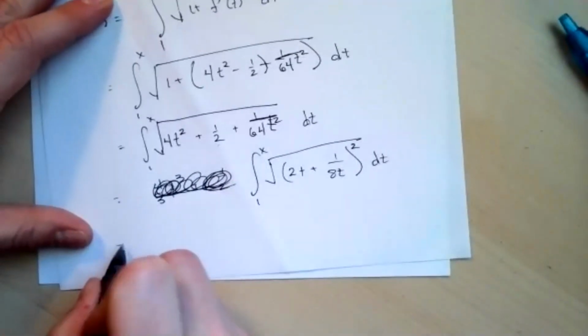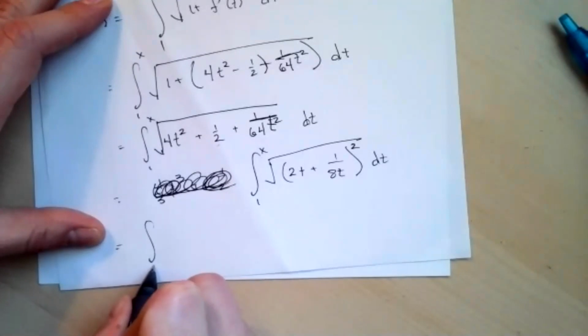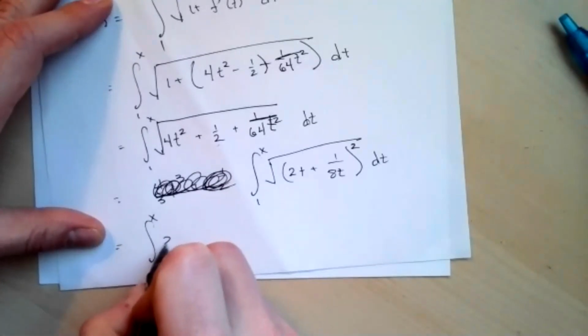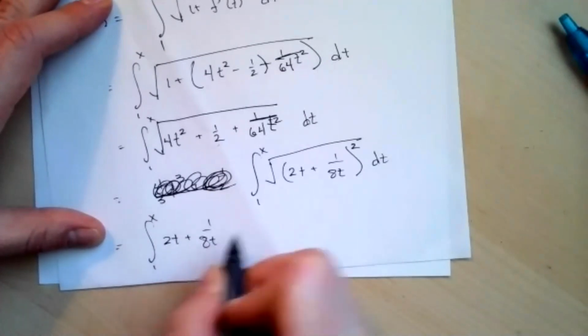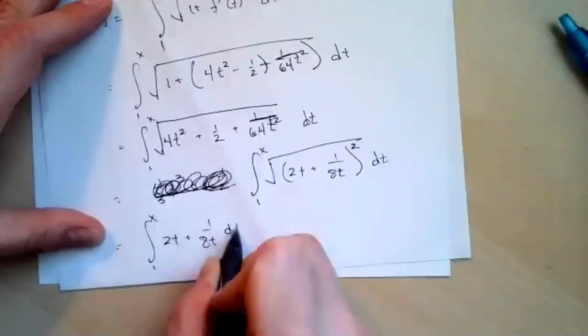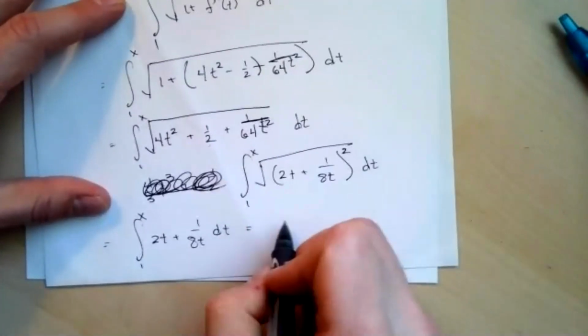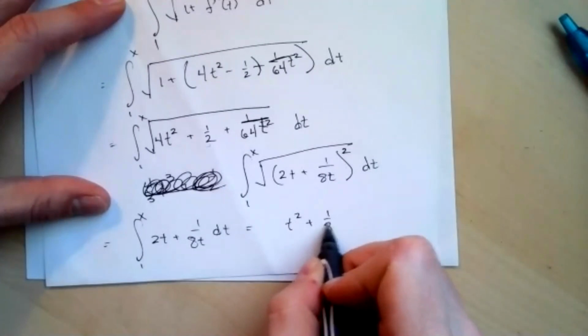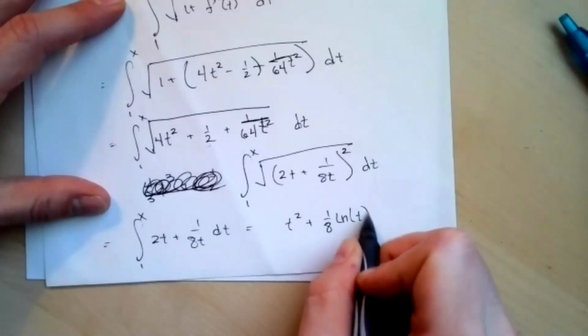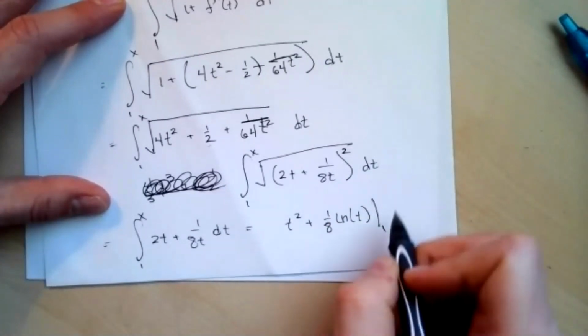Squares and square roots undo each other. And so now I just have the integral of 2t plus 1 over 8t dt. And then we'll have t squared plus 1/8 natural log of t from 1 to x.